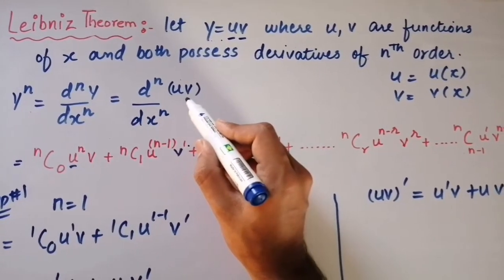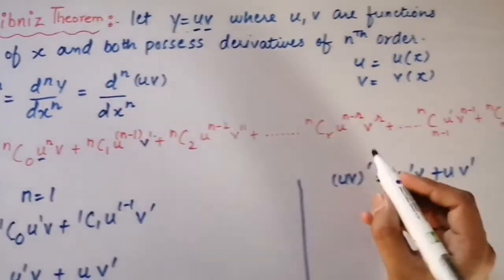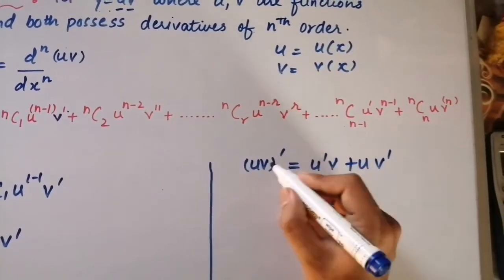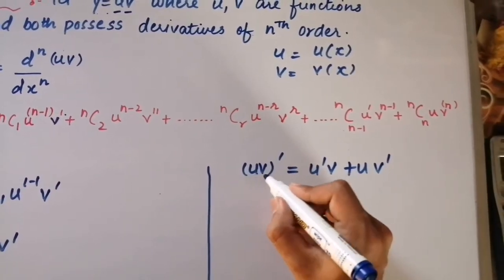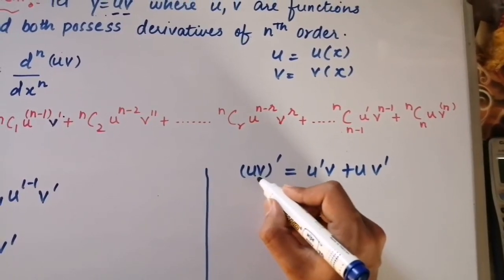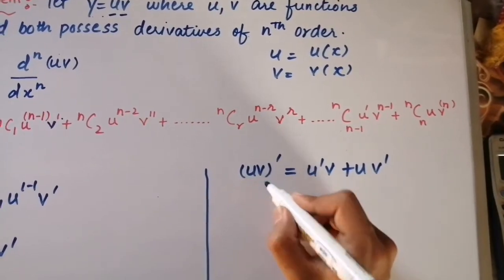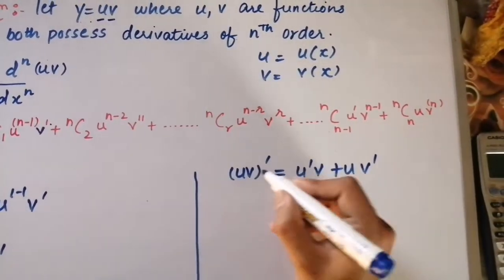So we may write uv as brackets uv and dash. This dash represents the first derivative, or first order derivative, of function uv. As it is written in product form, in order to take the derivative we are going to apply product rule on it. So what is the product rule?